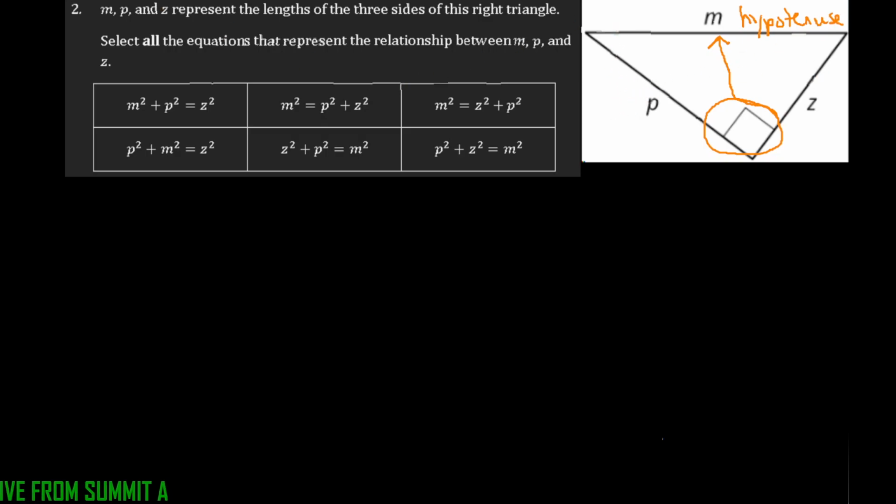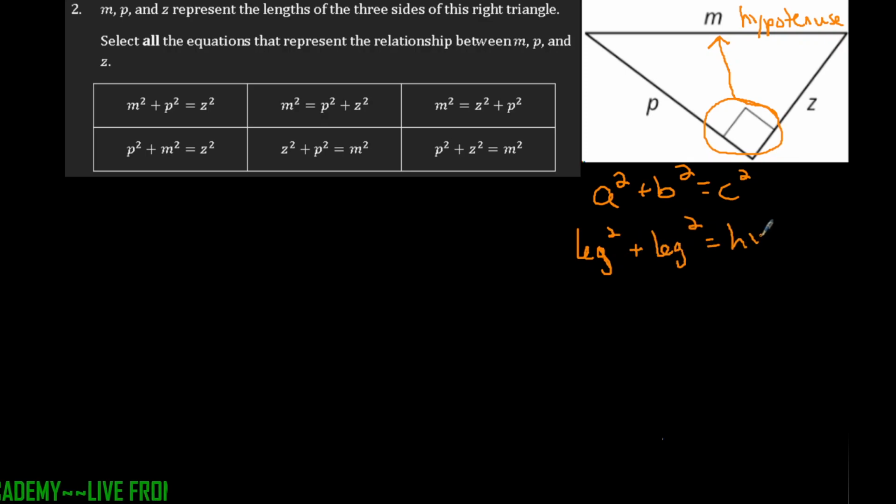So when I have a squared plus b squared equals c squared, I have a leg squared plus a leg squared equals the hypotenuse squared.